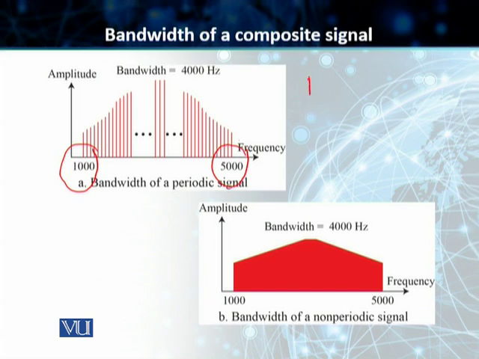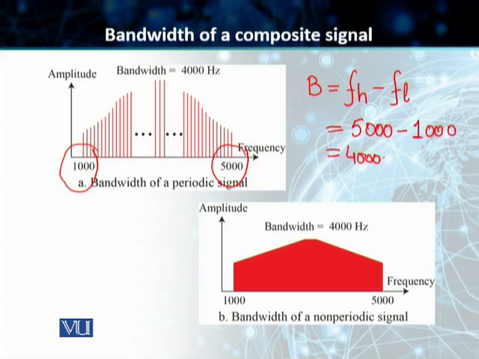If we need to calculate the bandwidth now, it's going to be the highest frequency minus the lowest frequency. In this particular case, it is 5000 minus 1000, and we get 4000 hertz.